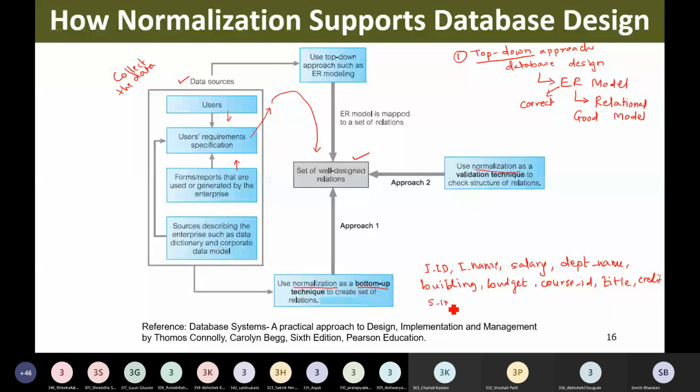Similarly, we have student ID, student name, and so on. Lots of information is available.